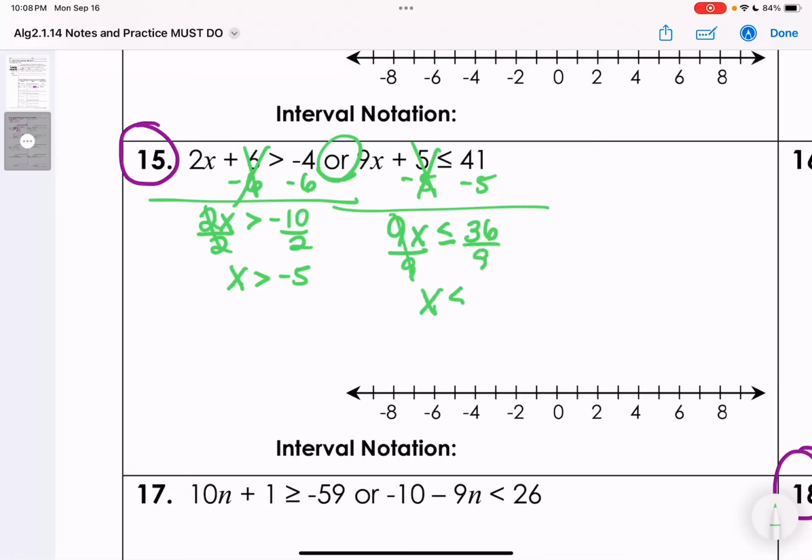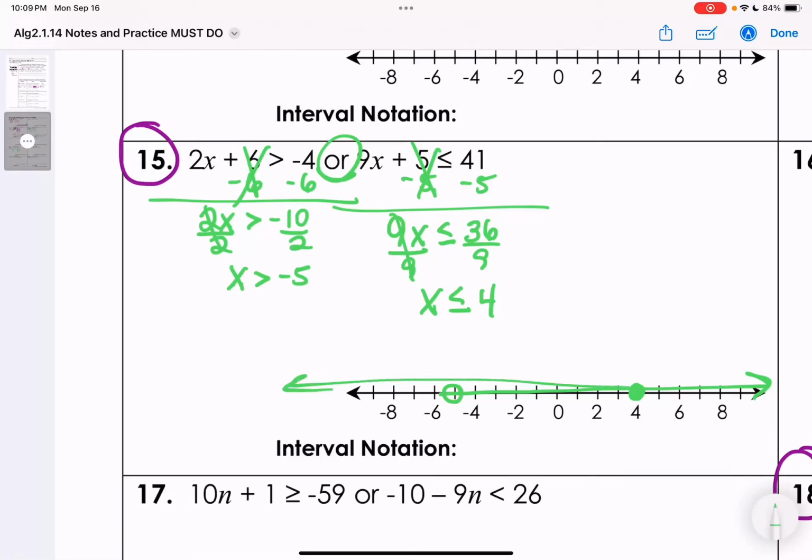So x less than or equal to 4. So in this case, we've got greater than -5 and less than or equal to -4.